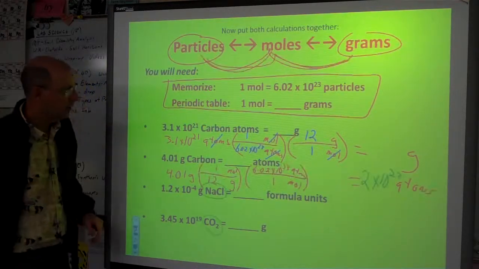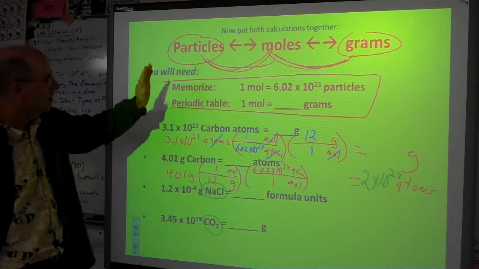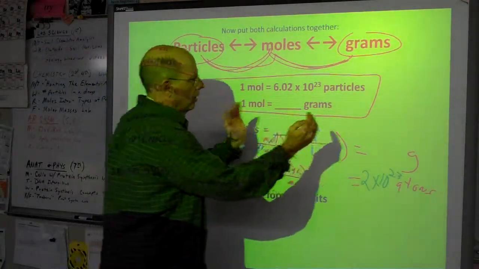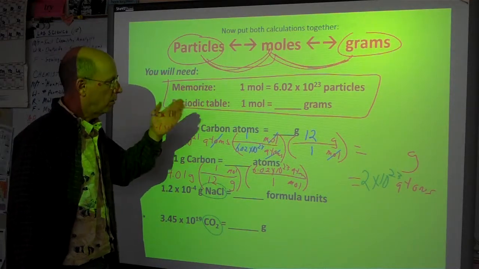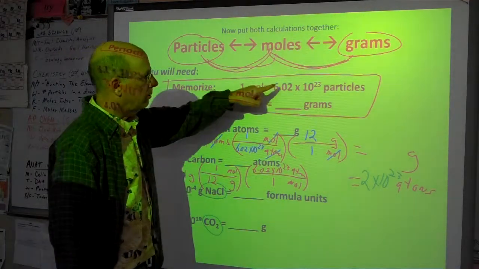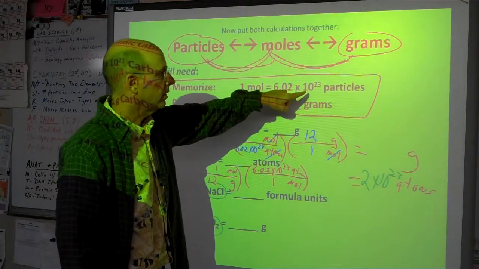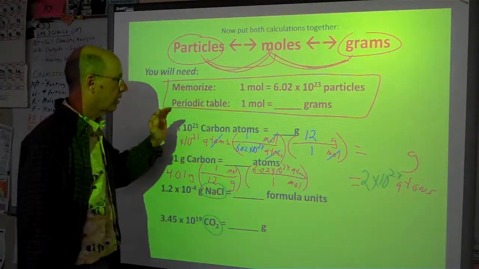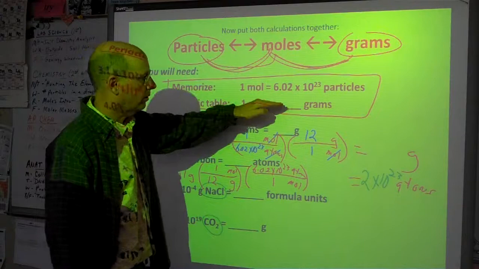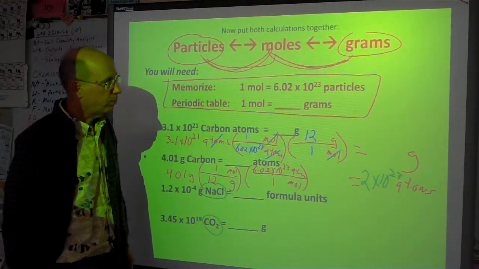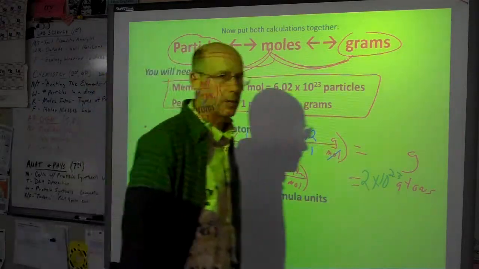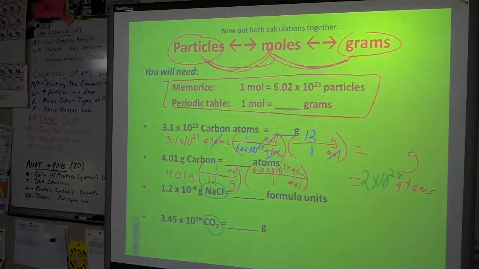And then the second thing that we did was using 2 conversion factors, in which one of them, we used 1 mole being equal to 6.02 times 10 to the 23rd particles, and the other conversion factor using 1 mole is equal to so many grams, and that you get from the periodic table. So, we'll work at this, and you'll become experts before too long. Thanks.